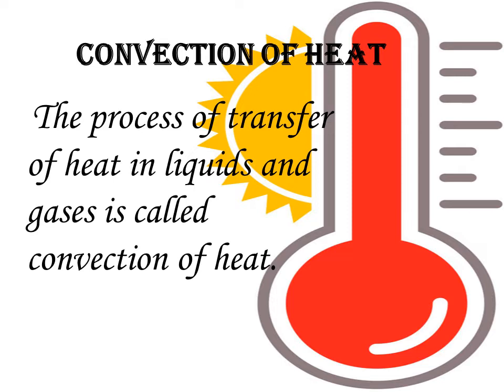Convection of heat. So, what do you mean by convection of heat? The process of transfer of heat in liquids and gases is called convection of heat. This will be more clear with the help of an example.